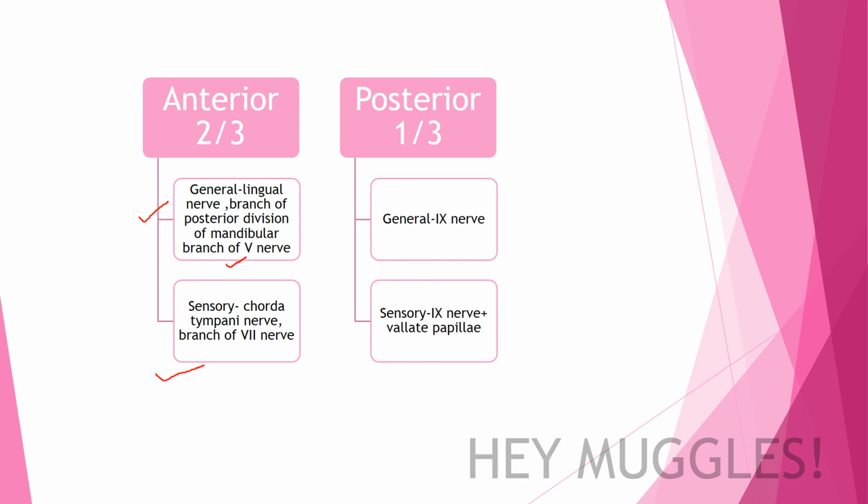Taste to the posterior one-third is carried by the ninth nerve, that is the glossopharyngeal nerve, and taste to the circumvallate papillae is also carried by your glossopharyngeal nerve. General sensation to the posterior one-third is carried by your ninth nerve, that is the glossopharyngeal nerve, right?